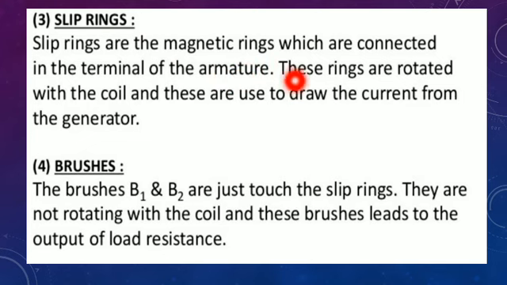These rings are rotated with the coil, and they are used to draw the current from the generator.